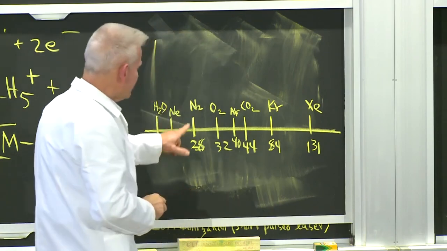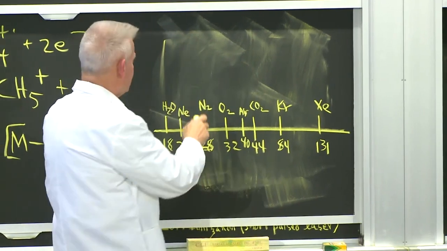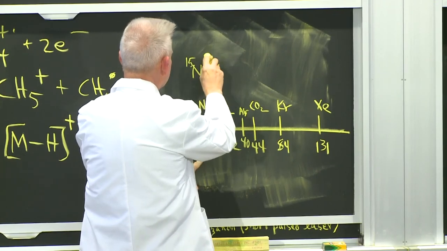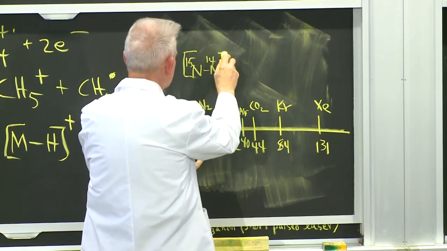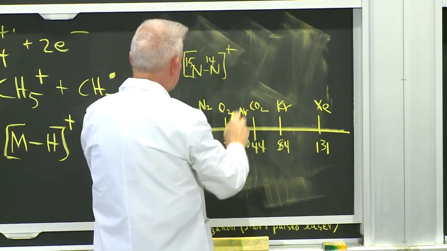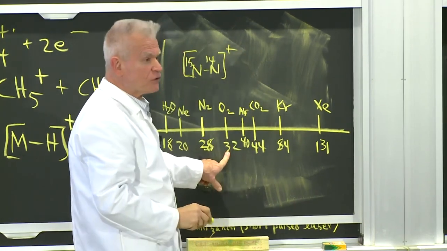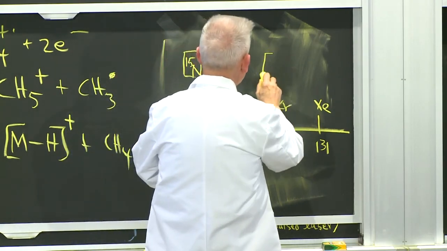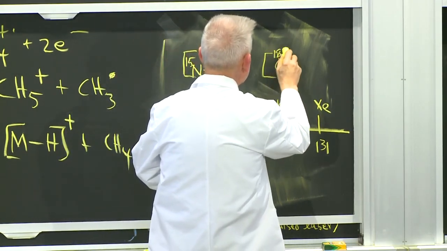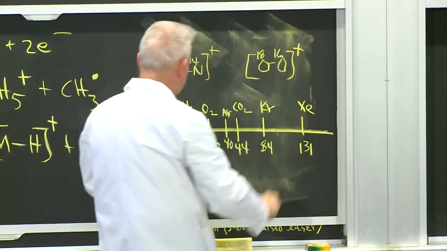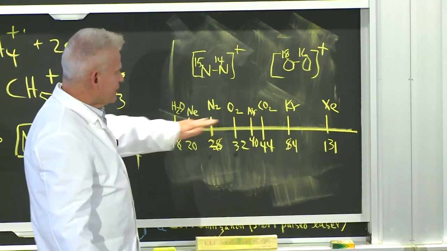And you may see like a 29 peak because you might see nitrogen 15, nitrogen 14, because the mass spec will detect isotopes. You also, for oxygen, you could see a 34 peak because you might have some oxygen 18, oxygen 16, but you've hit them.